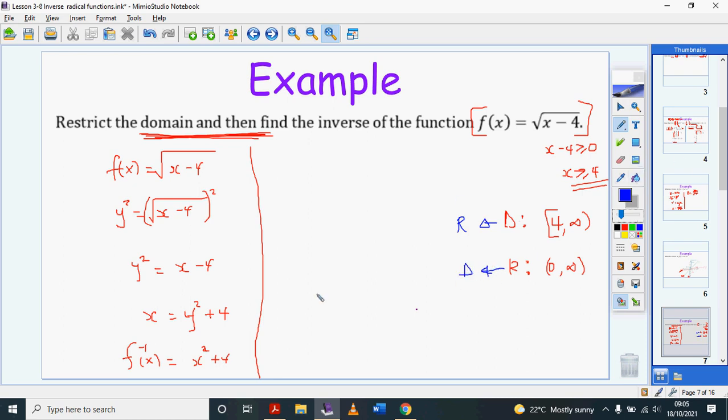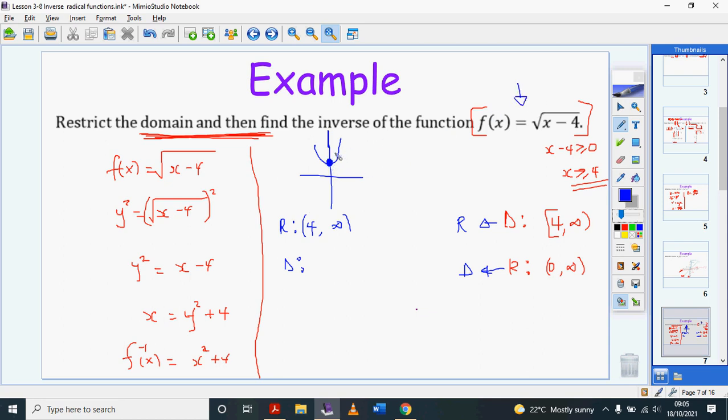And it kind of makes sense, because when you look at this function and you sketch it, it's going to be a curve like this that starts at 4. The only way that this is an inverse, not just a function, is if it's not a 2 to 1.